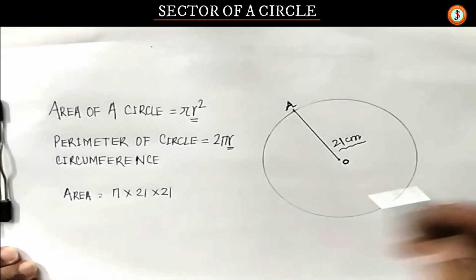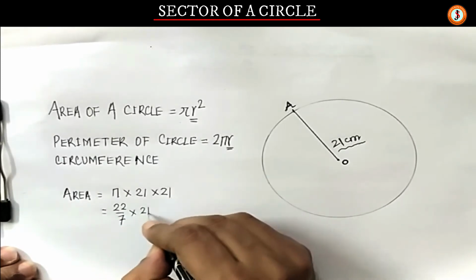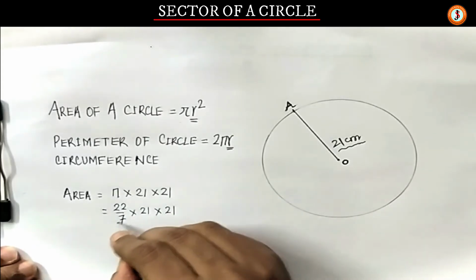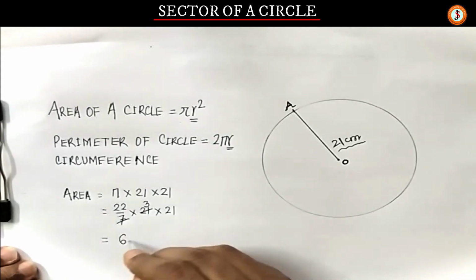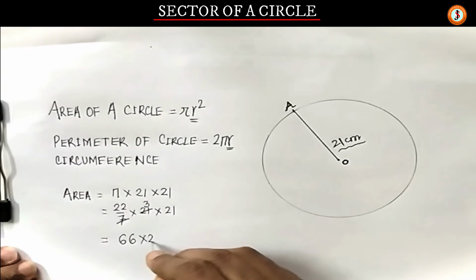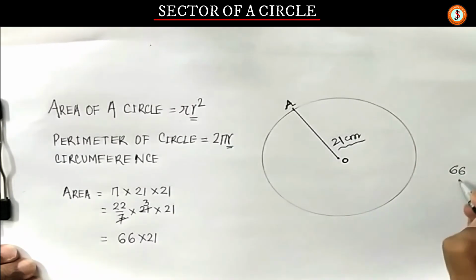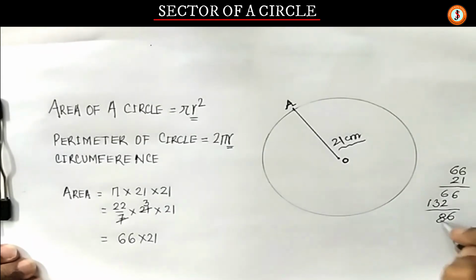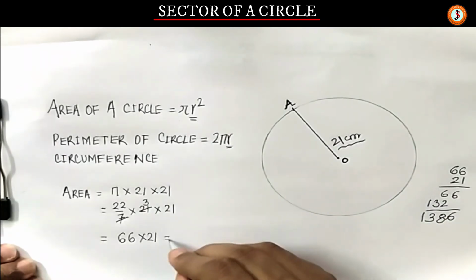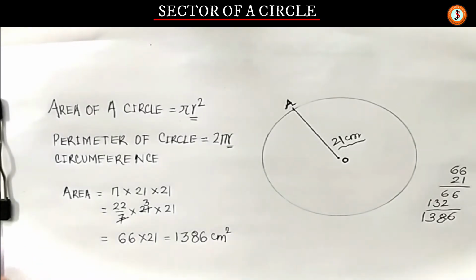Now pi is 22 by 7, so 22 by 7 into 21 into 21. 7 3s are 21, so we have 22 3s are 66 into 21. Calculating 66 into 21, we get 66 and 132, so 1386 centimeter square. So that is the area.